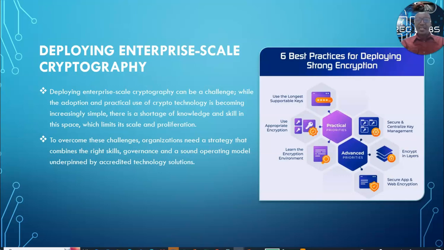So for deploying enterprise-scale cryptography, these are some of the best practices. You have to adopt the best cryptographic algorithm. You have to overcome this challenge by organizing strategies that combine the right skills, the governance aspect, and a sound operating model, together with the technical solution that you'll be using.